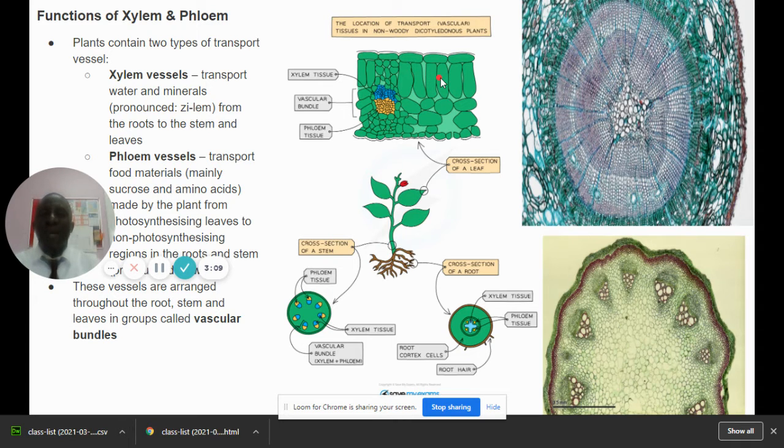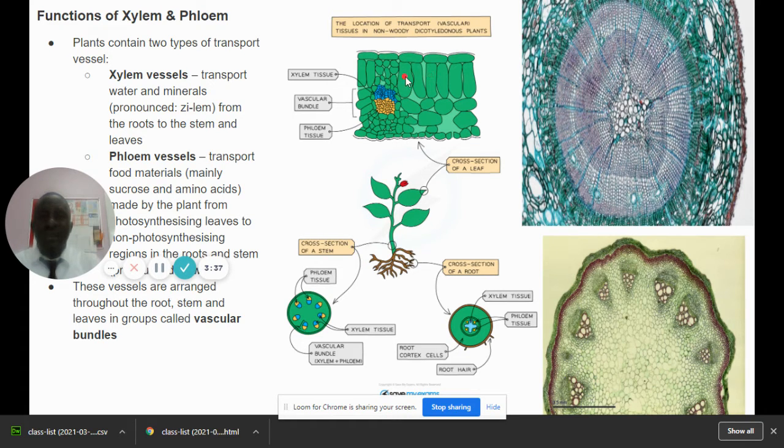Mesophyll means the middle part of a leaf. Here you have cells regularly organized, with a lot of chlorophyll and the ability to carry out photosynthesis. So it becomes a major site for photosynthesis because they produce chlorophyll that traps sunlight.